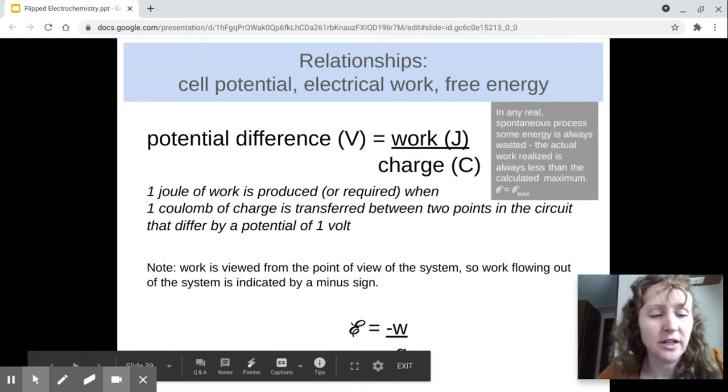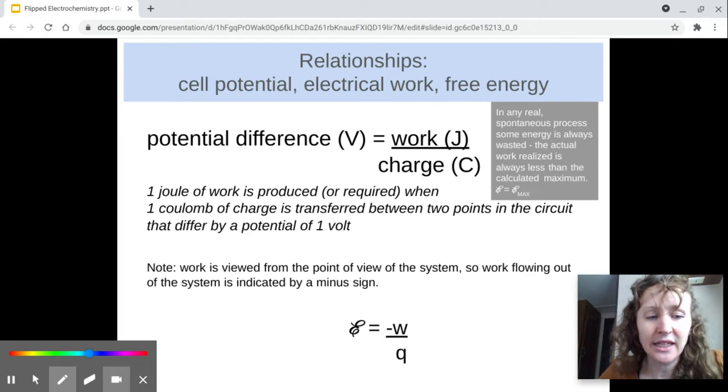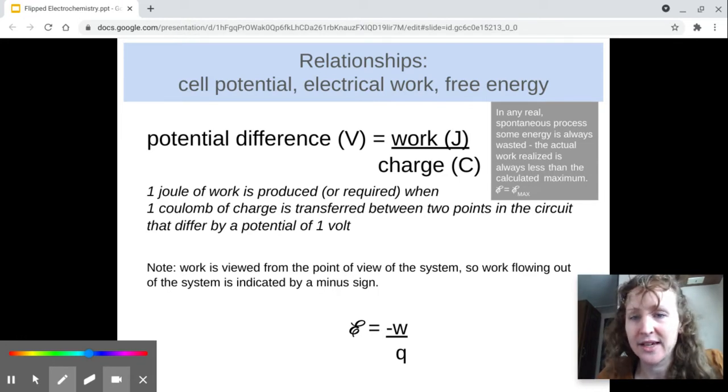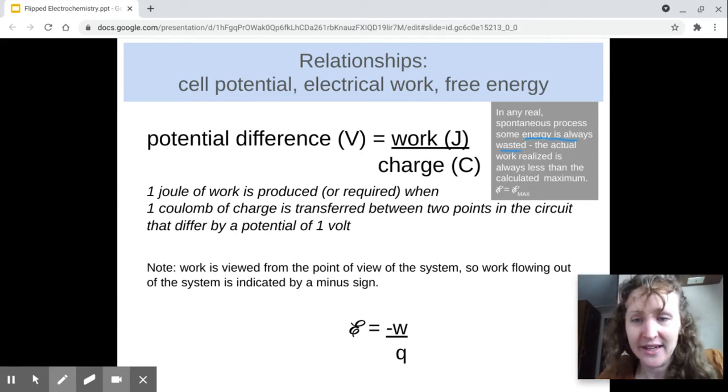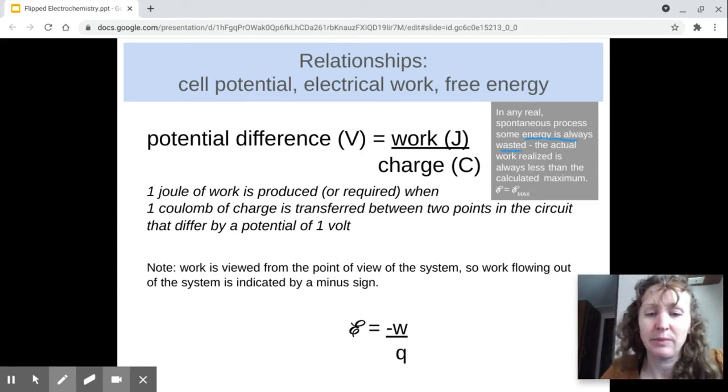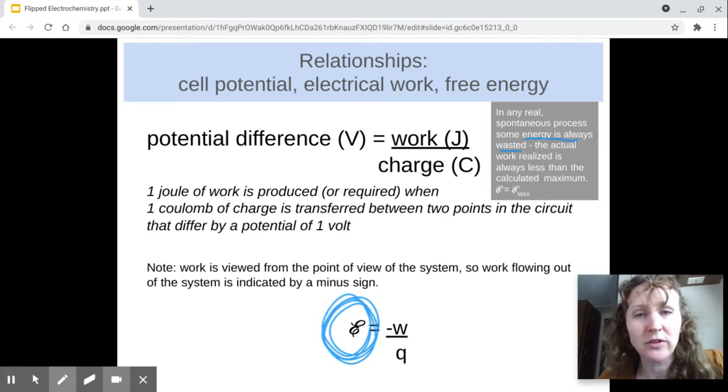again, just a reminder, we kind of touched on this before, but in any real spontaneous process, some energy is always wasted. The actual work realized is always less than the calculated maximum. So if E is our calculated maximum amount of work that we can do, know that we're always going to do a little bit less than that work.